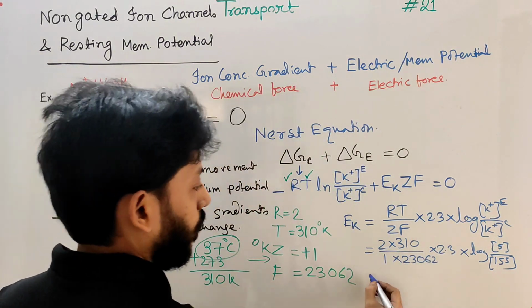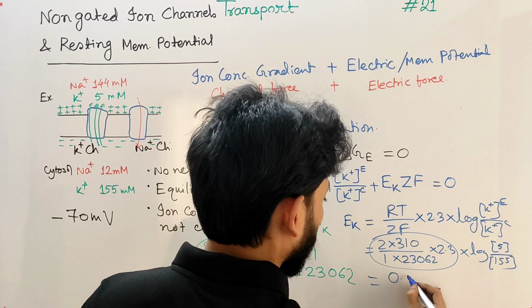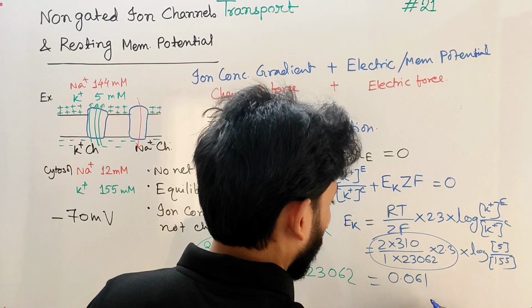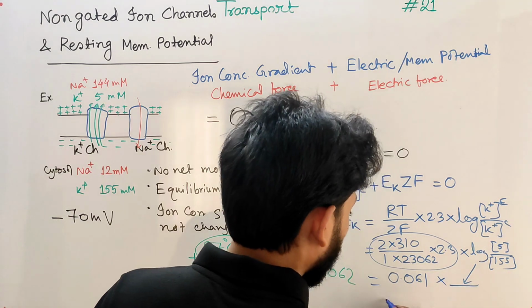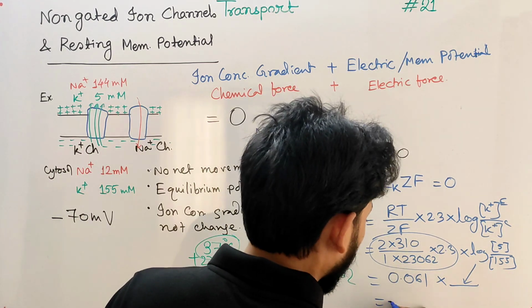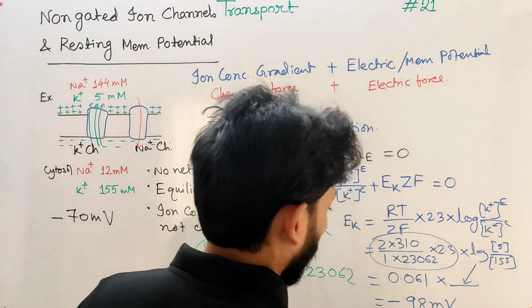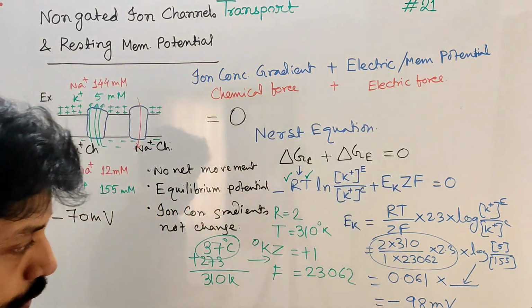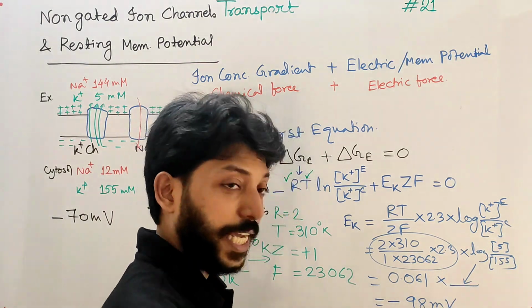If you calculate all these values, you will get 0.061, and the total of this equation will be minus 98 millivolt. So if you multiply this and put in this value, you will get minus 98 millivolt.